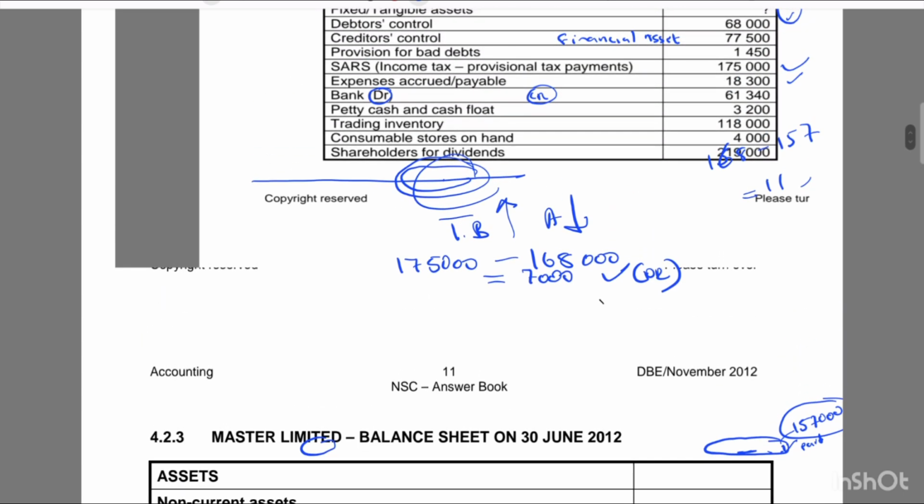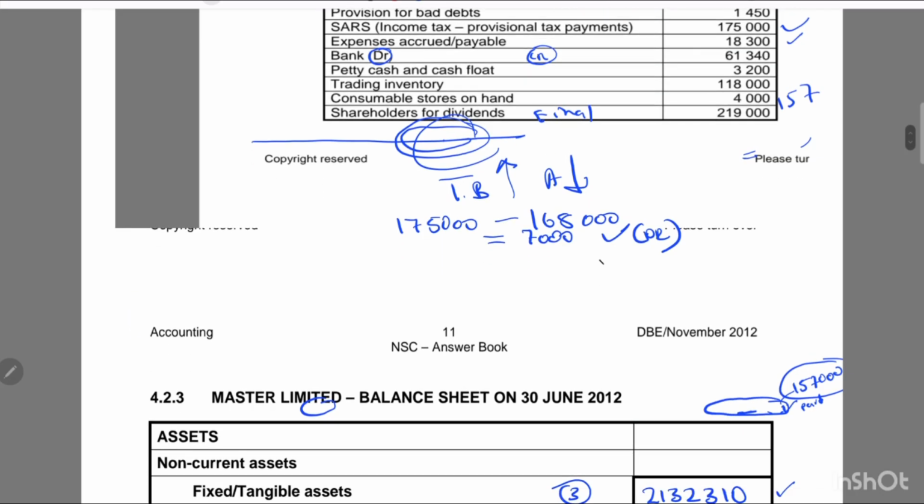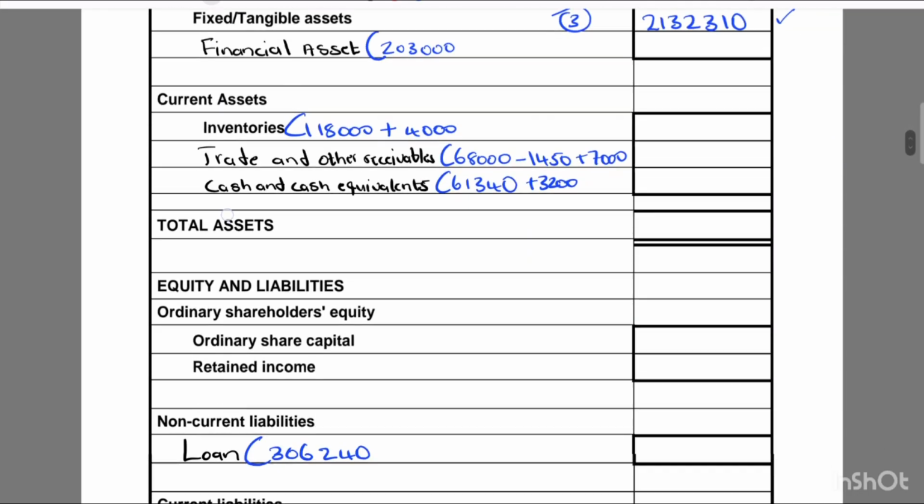Now let's continue with our information. We have now what we call shareholders for dividends. We know that this one is a final dividend, and it's declared but not paid. So if something is declared and not paid, it's a liability for the company.